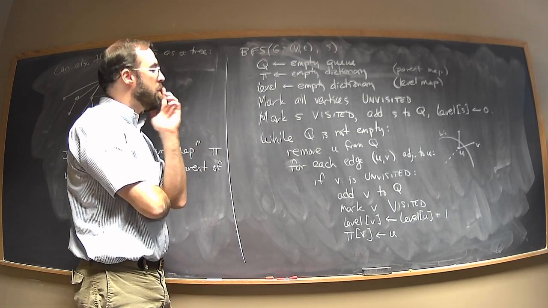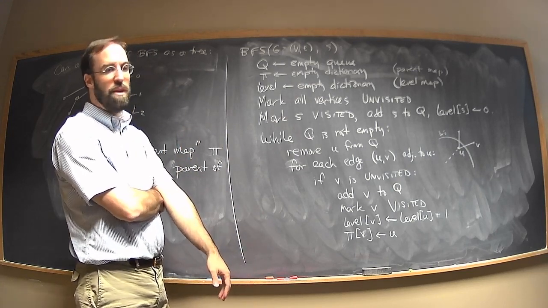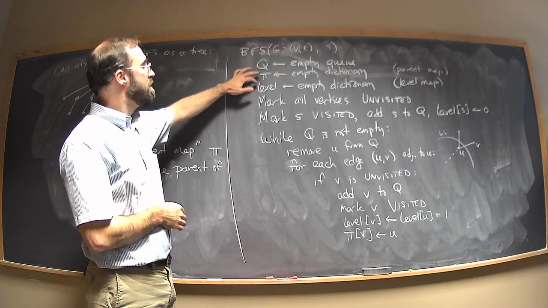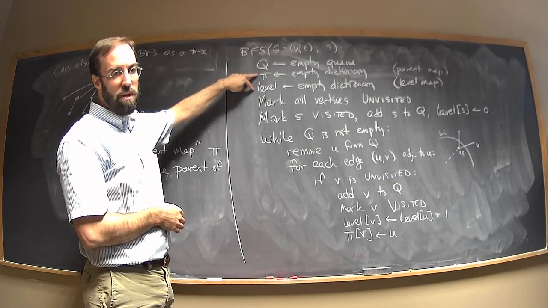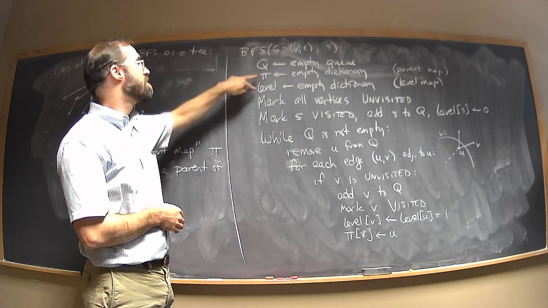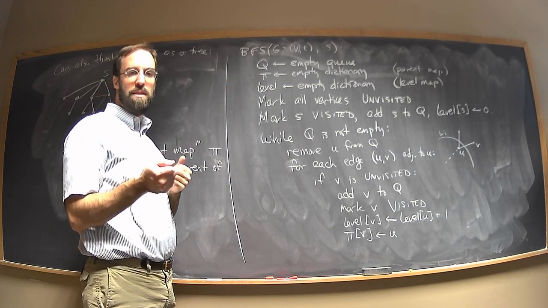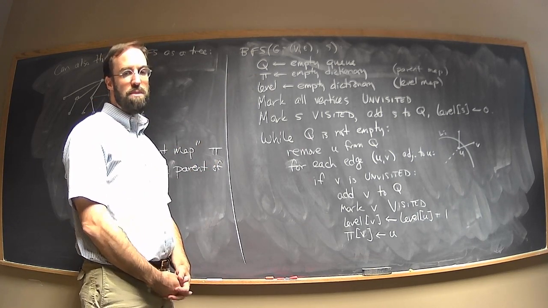So there's a lot here, and some of it is optional. In particular, the stuff about the parent map and the level map, we could leave that out if we don't need it. For example, if all we care about is whether you can get from S to T, then we could just leave those things out and we don't need to keep track of them.